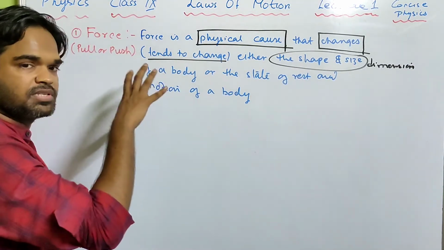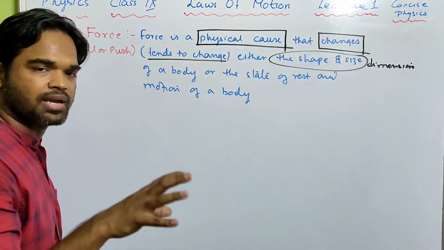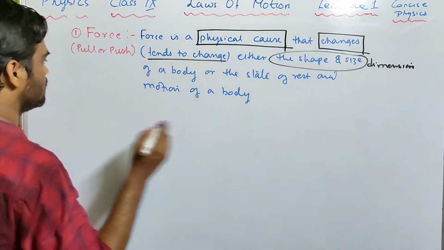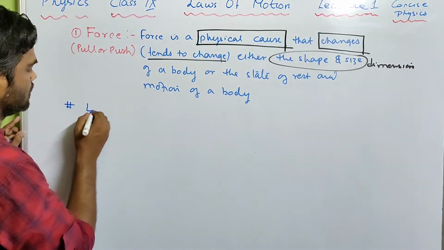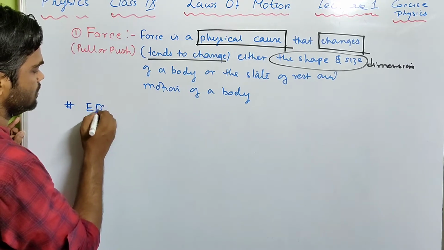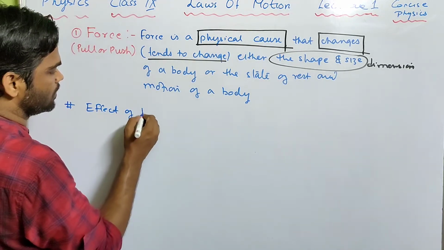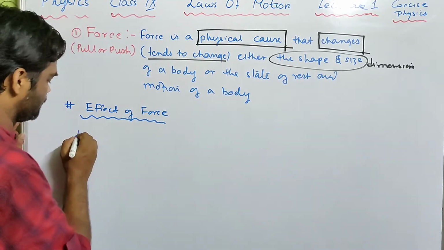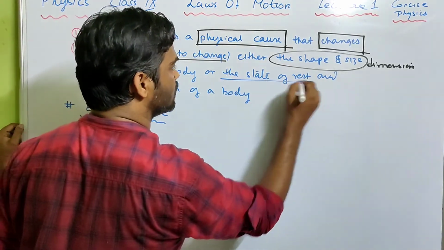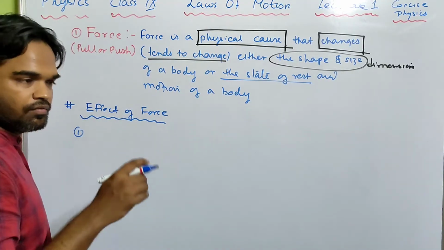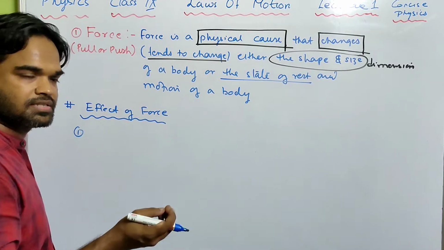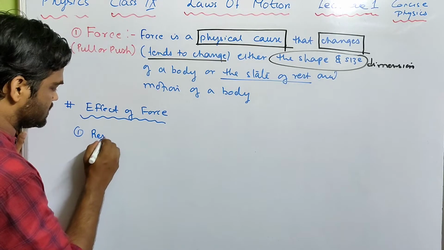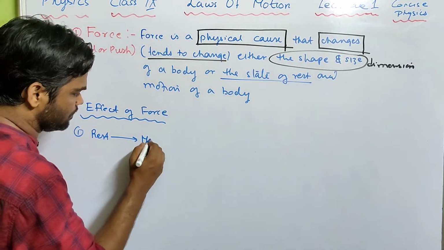So from this definition, we can actually get the effect of force. Look carefully. Effect of force, one by one. First look, changes the state of rest, which means if a body is at rest, it can set the body in motion.